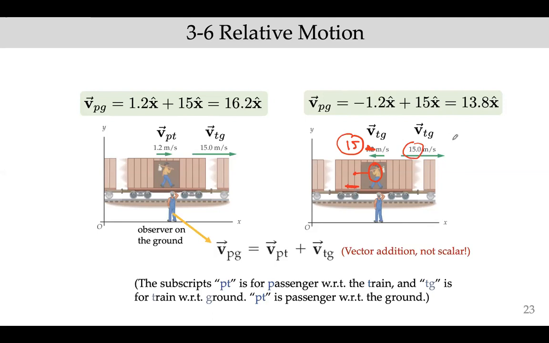It will be negative 15 x hat plus, for the train, 15 x hat, and you will get 0. Just like with the cannonball. So this passenger, even though he is walking with respect to the train, would actually stay at the same point with respect to this observer. Both of them would be in the same position in this case.